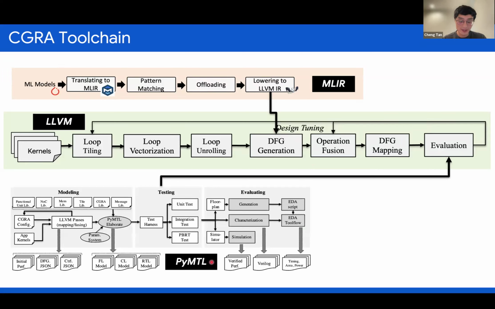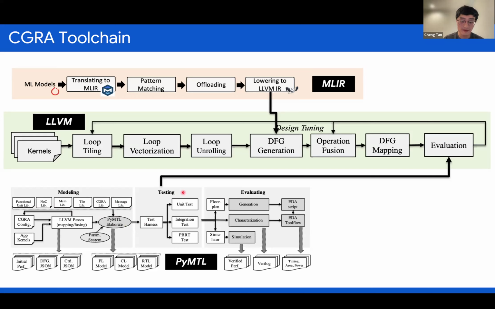And then, as I mentioned, we have the hardware generator, which is built on top of Palmetto. We provide the basic functional units or modules, like the tile, memory unit, on-chip network, and register files, crossbars, and automatically perform the testing.